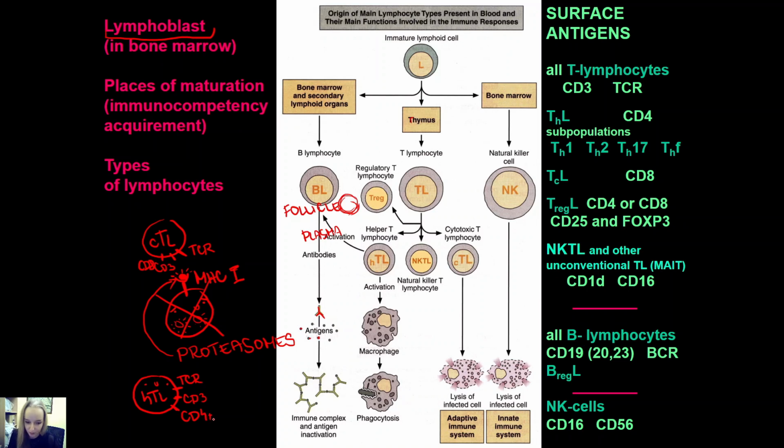So it's CD4 positive, versus CD8 positive. This helper T lymphocyte is communicating with a cell that contains an MHC class 2 receptor. This cell with MHC class 2 is also presenting antigen on its surface.